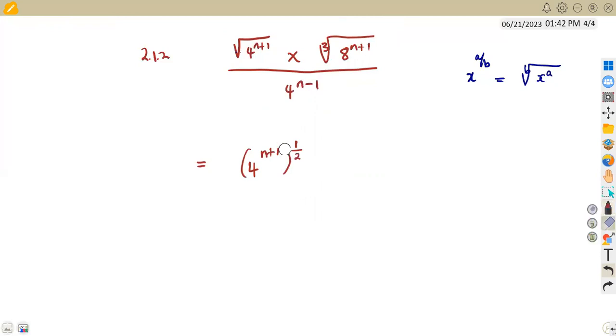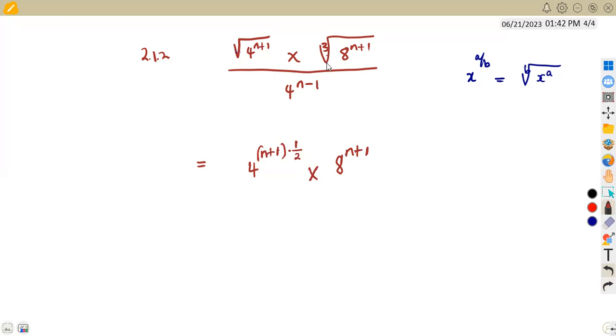Or we can just have it this way. Let me just remove this part and raise the bracket. We can just have our bracket 4 to the exponent of n plus 1 like this, to the exponent of half, easy like that. All right, the same thing multiplied by 8 to the exponent of n plus 1 inside. But if you check, we've got the cube root of that.